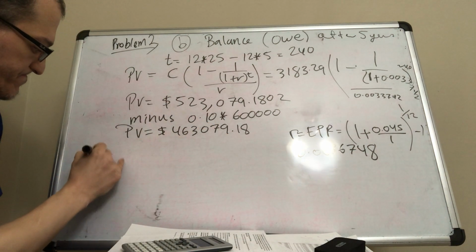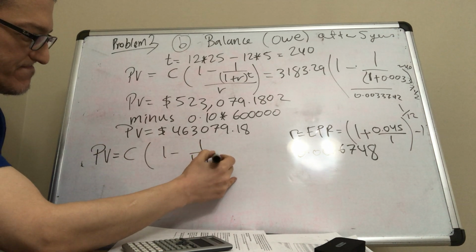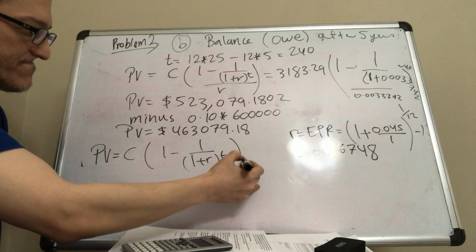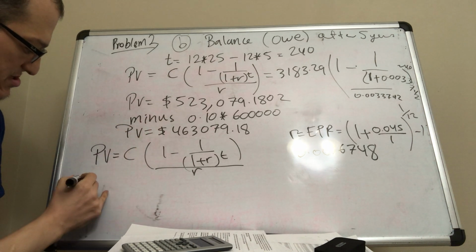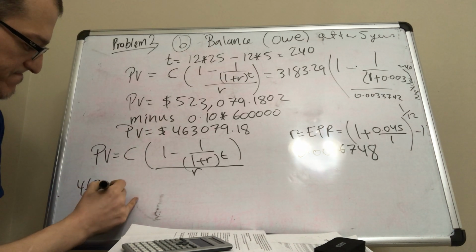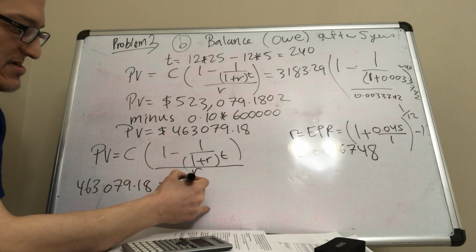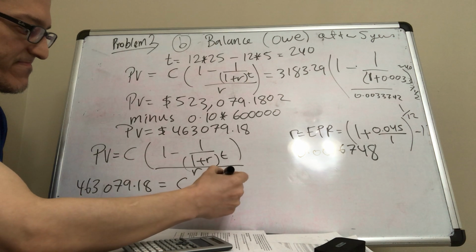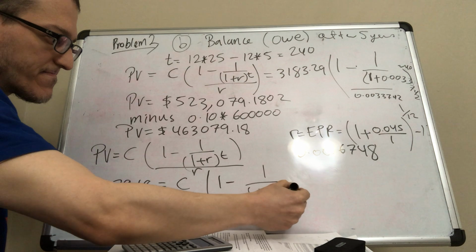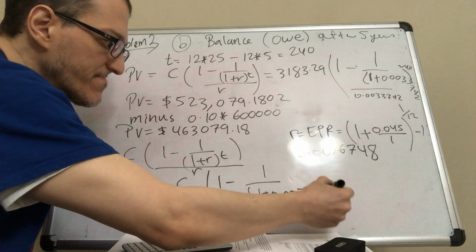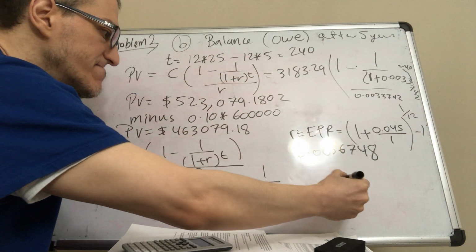The new amount is 463,079.18. C we don't know. 1 plus R, and the T we figured is 180.